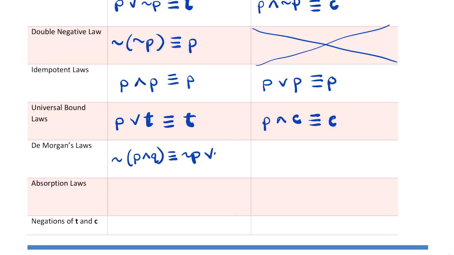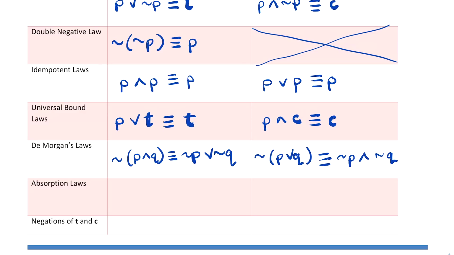The second De Morgan's law, remember, is that if you negate an or statement or a disjunction, that's logically equivalent to this and statement here, not P and not Q. So the negation of a disjunction is the conjunction of not P and not Q.